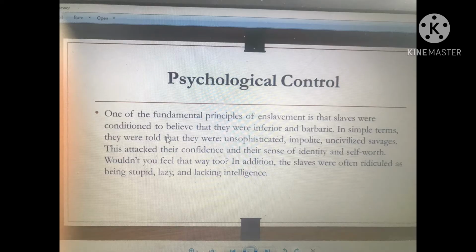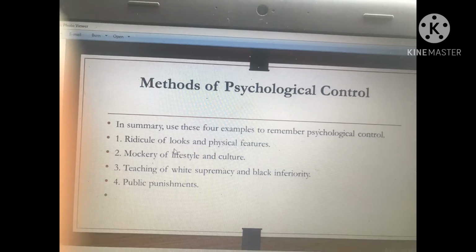Wouldn't you feel the same way too if you were attacked like this? In addition, the slaves were often ridiculed for being lazy, stupid, and lacking intelligence. Methods of psychological control. In summary, use these 4 examples to remember psychological control. 1.